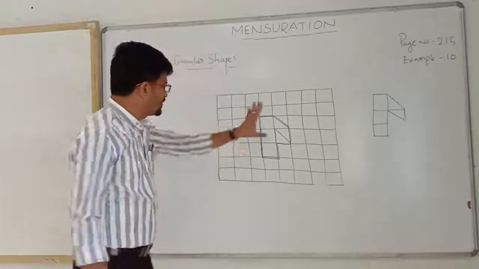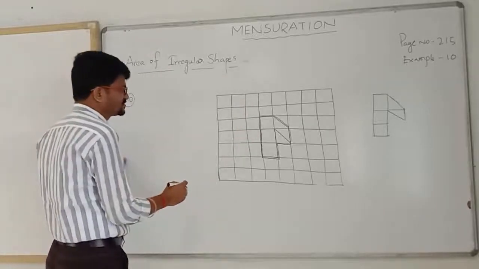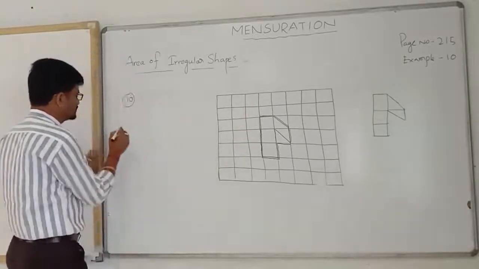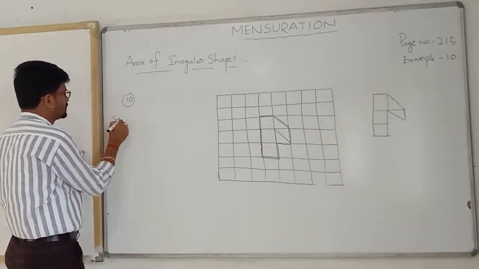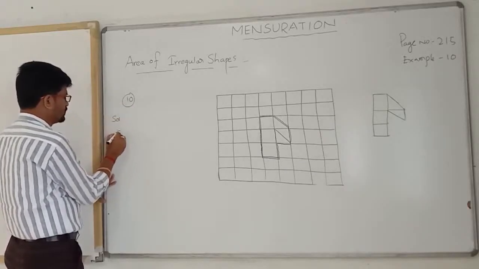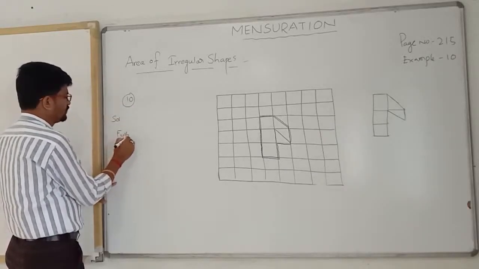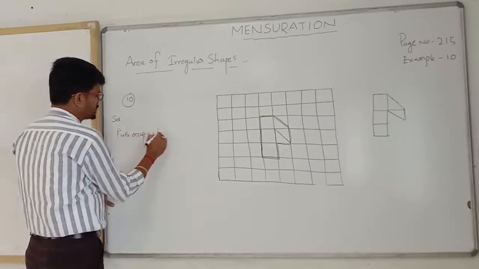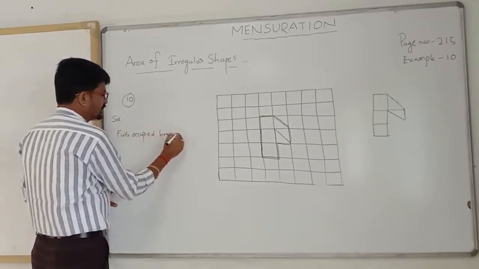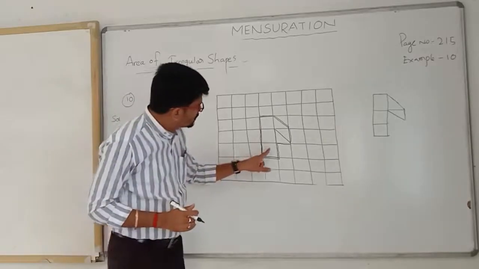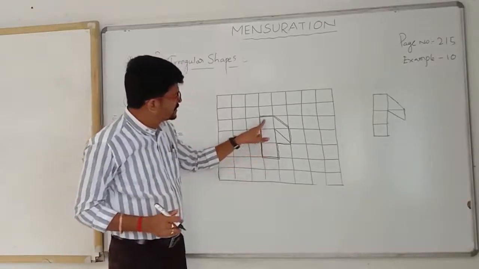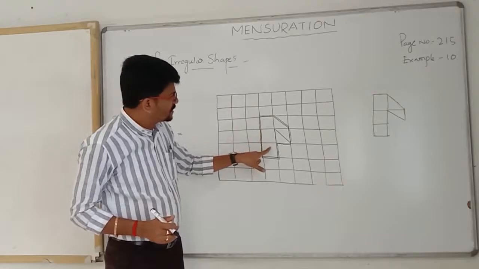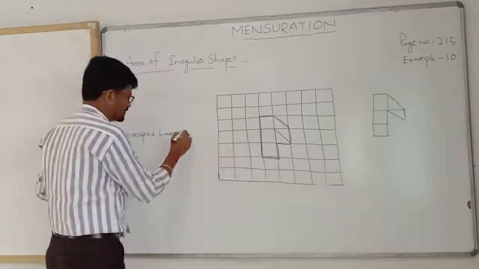Now the area of this, you can write its solution here. Fully occupied boxes, how many are there? 1, 2, 3. Am I right? Very good.